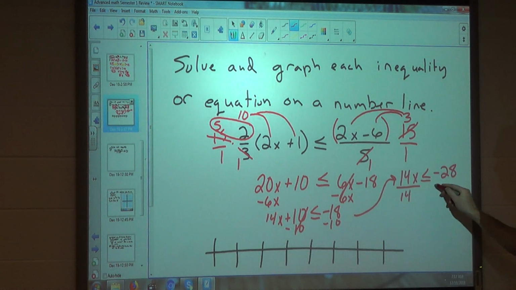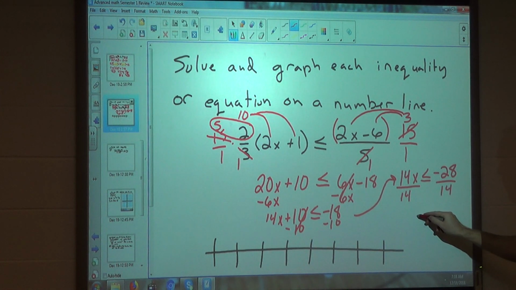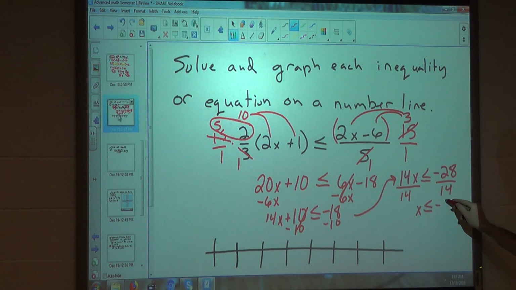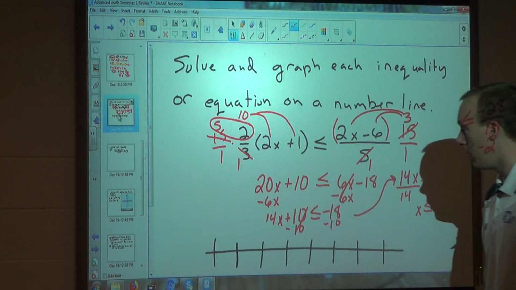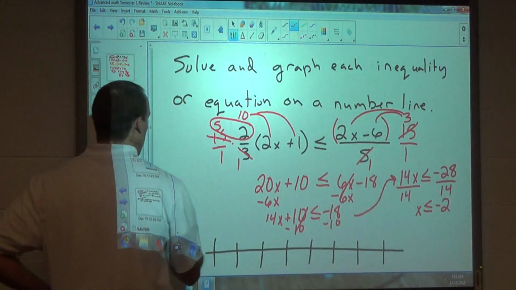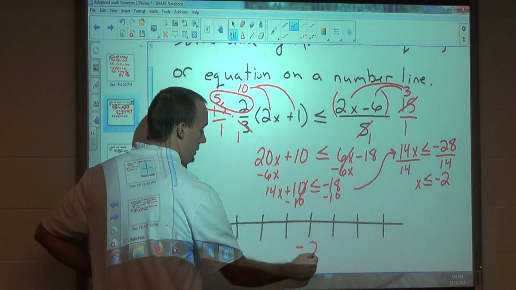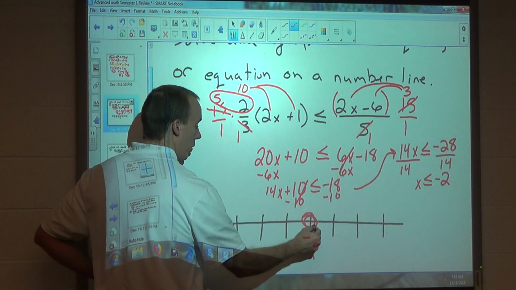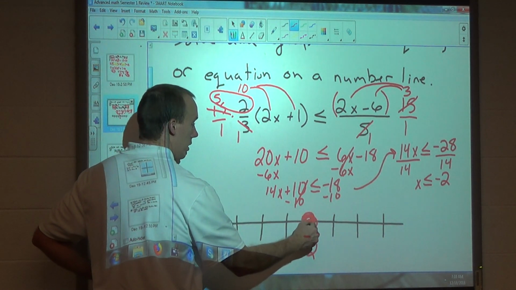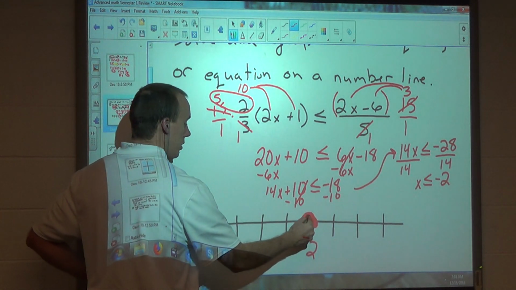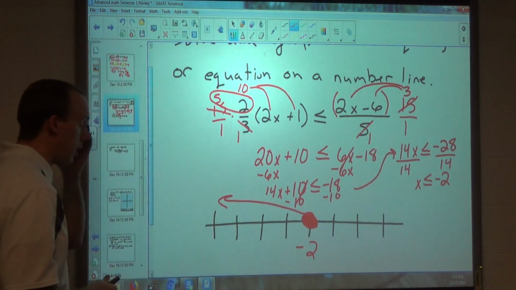And I divide by 14, and x is less than or equal to negative 2. There's an open dot or closed dot at negative 2, and on this one it would be closed. And the arrow goes to the left in that one.